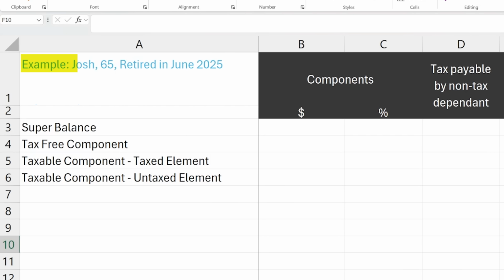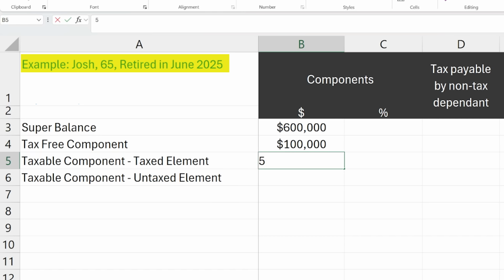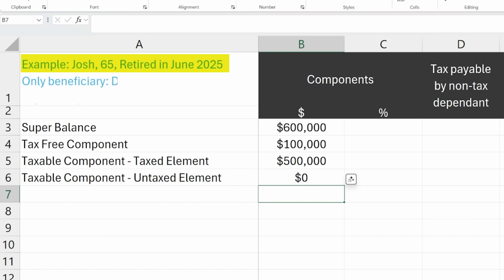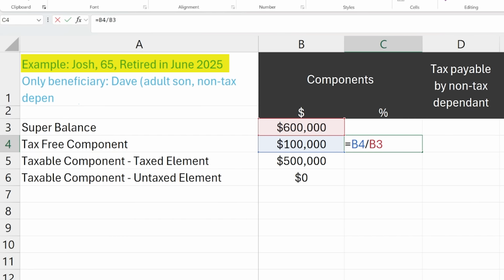Meet Josh, who is 65 and retired in June 2025. At that time, he had a super accumulation account with a balance of $600,000, consisting of a $100,000 tax-free component and a $500,000 taxable component, taxed element. His only beneficiary is his adult son, Dave, who is financially independent and therefore considered a non-tax dependent.